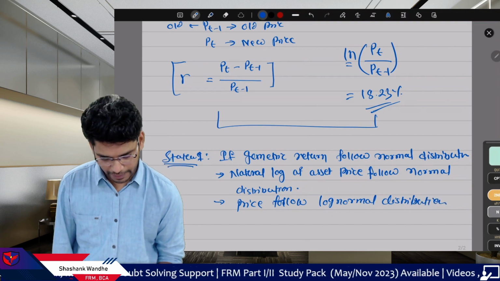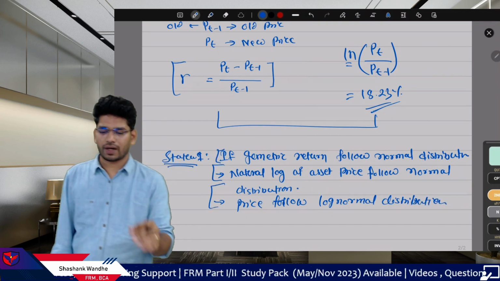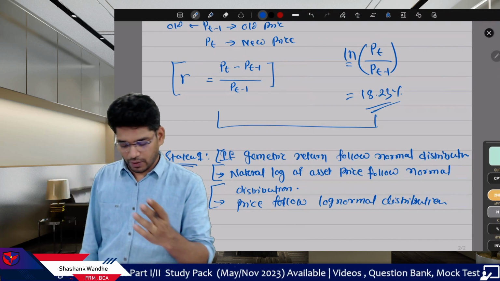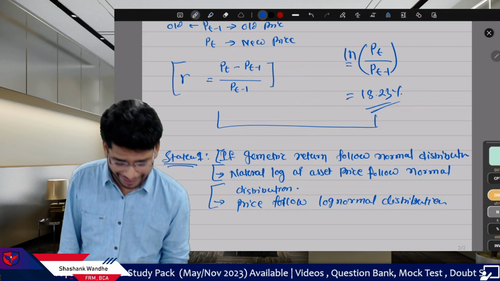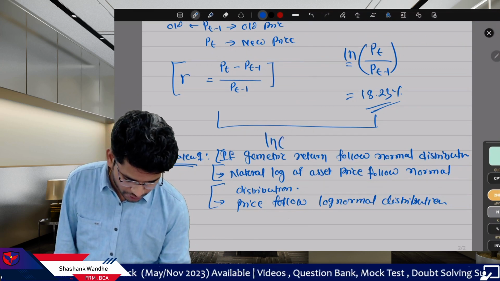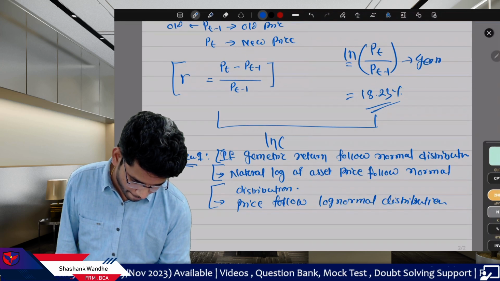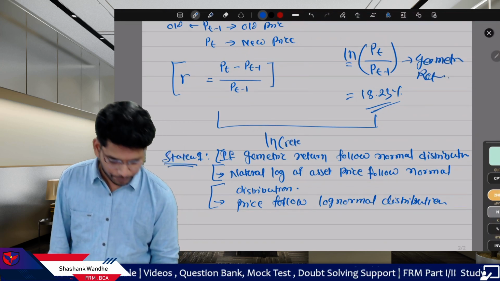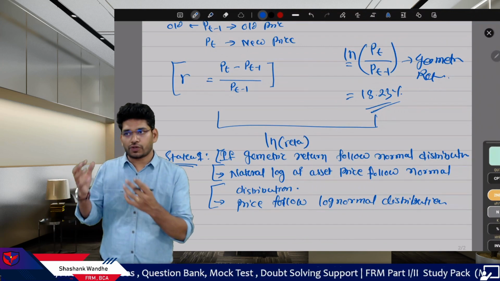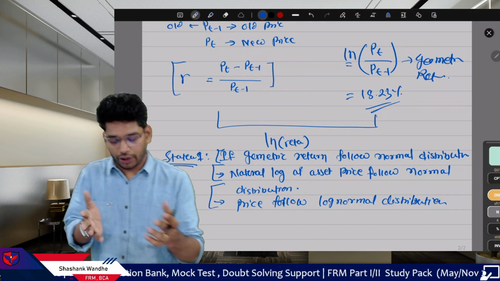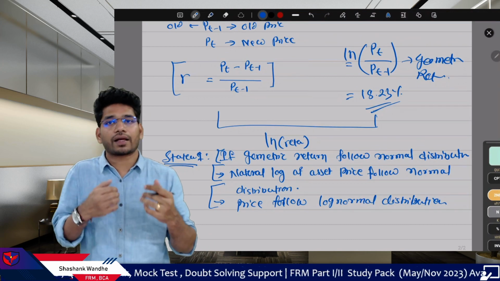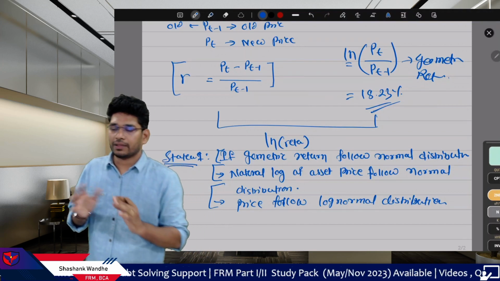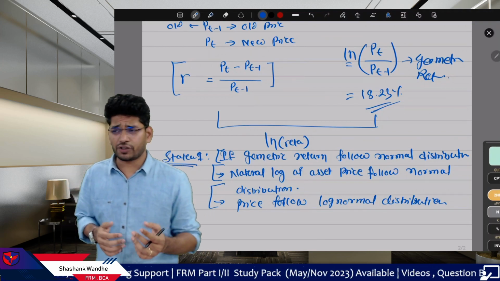Okay, this is the first statement, and both these statements are more or less the same. It means the same thing at the end. So the statement goes like the geometric return, that is a ln return. If the ln return follow normal distribution, so if you take the ln of your returns, that is continuously compounded returns in short, but I'm intentionally not using continuously compounded here because it might create some confusion for you.